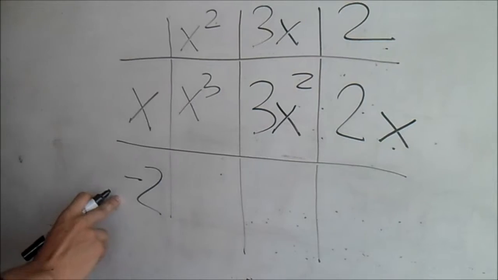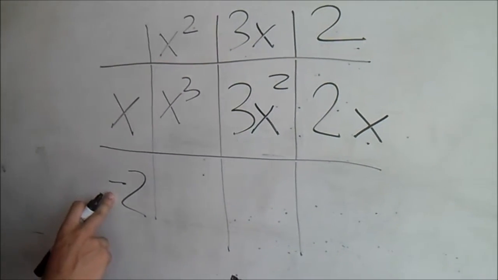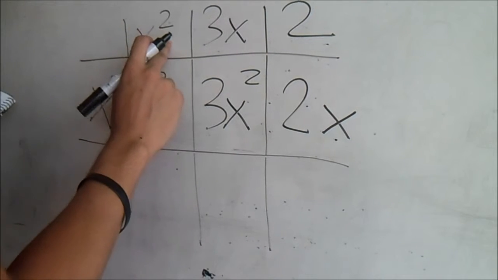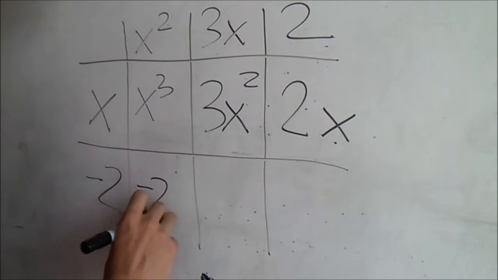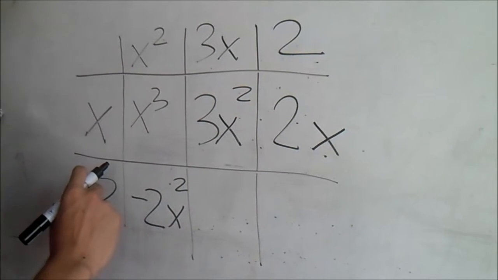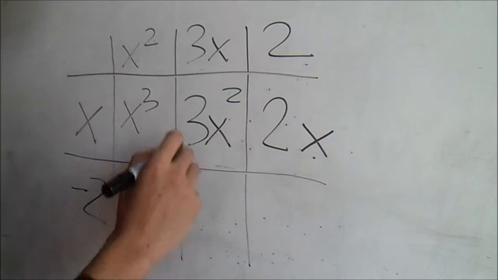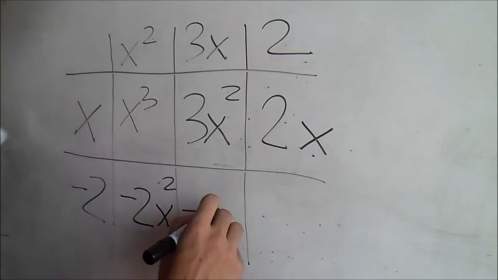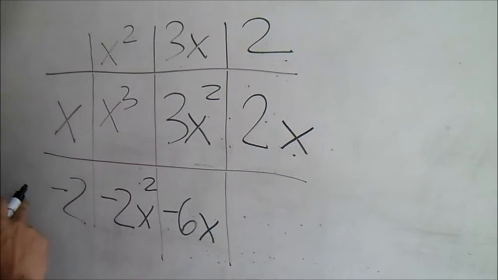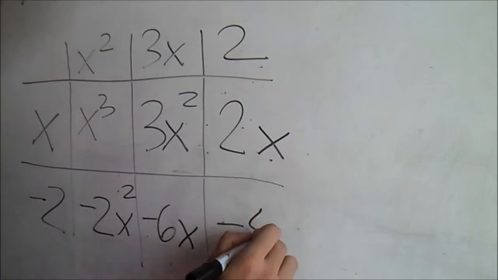And then we're going to solve the second term, the negative 2 times x squared. This equals negative 2x squared. Then negative 2 times 3x equals negative 6x. Negative 2 times 2 equals negative 4.